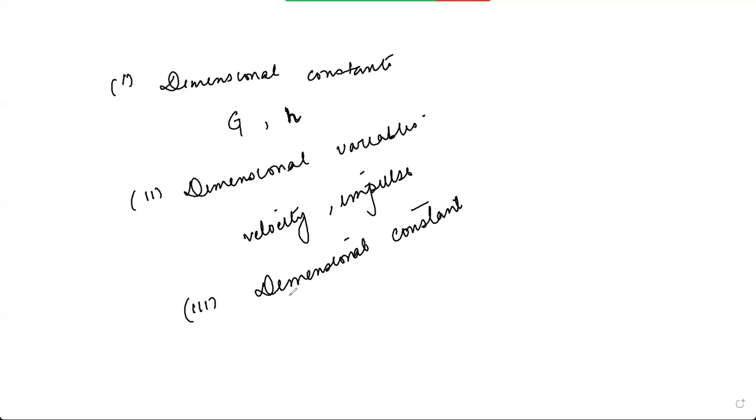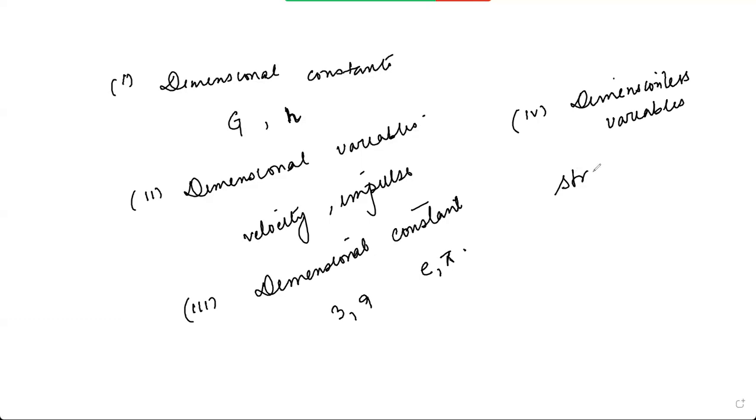These are those physical quantities which do not possess dimensions but have fixed value. Example 3, 9, these are the numerical constants. e, pi, these all are numerical constants. And number four, dimensionless variables. Example, strain, specific gravity.